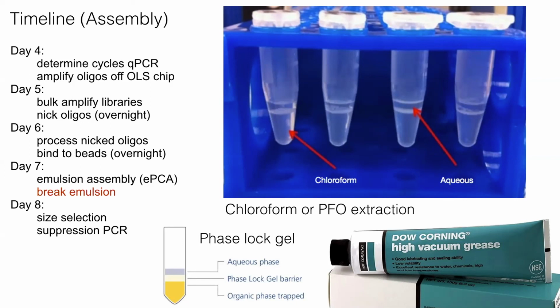The way this works, very easily, is that there are biotech companies that will sell you these at extremely ridiculous cost, but you can buy some Dow Corning high vacuum grease and slap a bunch into a tube, centrifuge it, and you'll get a really nice gel layer in between your organic phase and your aqueous phase, and you can just easily pipette the aqueous phase out.